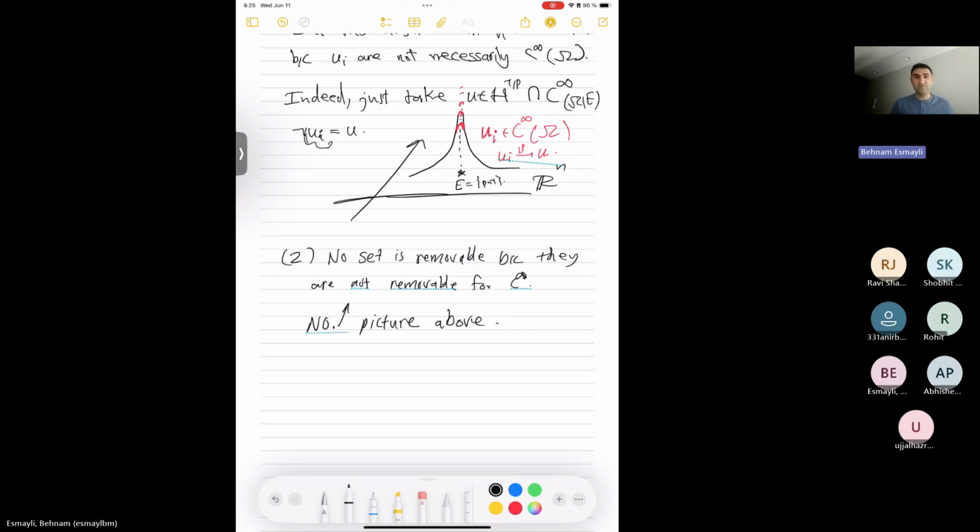Although they are not removable for the smooth category, they are removable for Sobolev functions. And this is actually a flexibility property for Sobolev functions. It's a nice thing that you don't have to confirm something at every single point of a domain, unlike C1 or smooth categories. If you have practiced with smooth functions, it's always scary. You always have to care for every single point. You cannot glue functions easily.